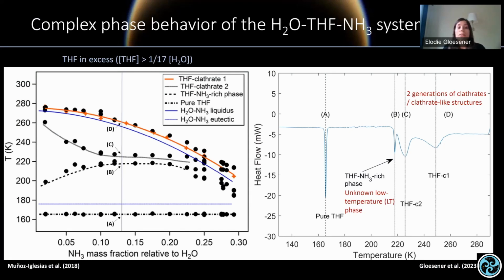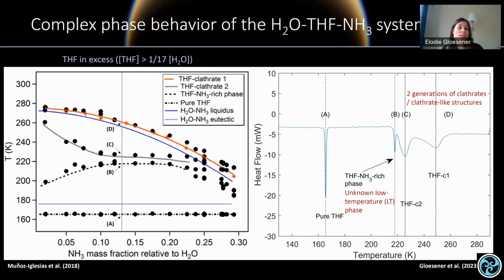This makes it possible to study the structure with a variety of different techniques. THF clathrate also has similar properties to methane clathrates, and this is why we started to study the THF clathrates.